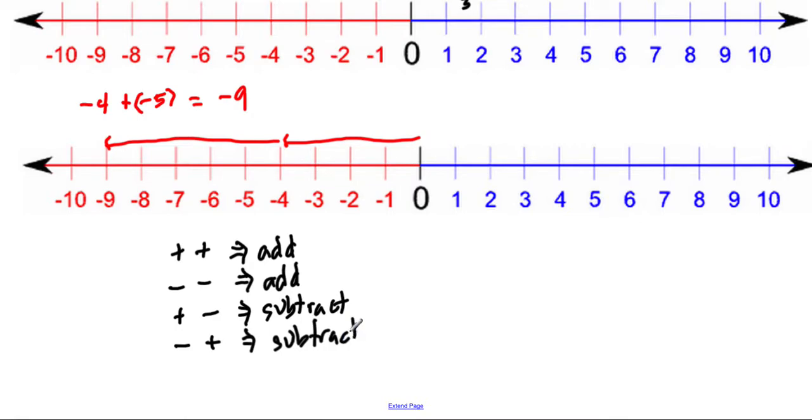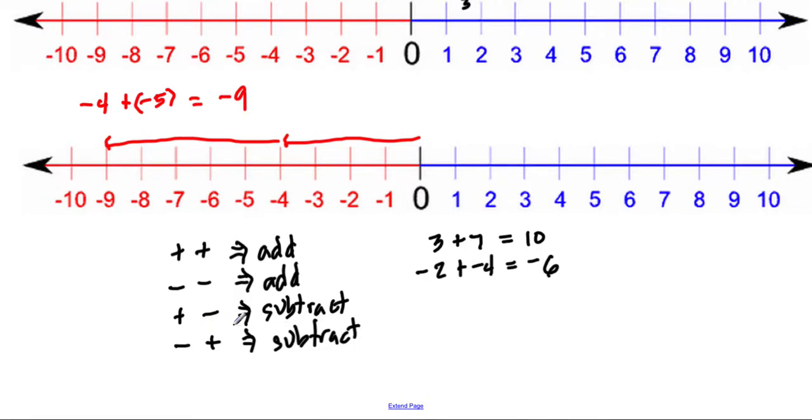Okay, so a few examples. Let's say if I have 3 plus 7, using the number line, we know that 3 plus 7 is 10. And if you have negative 2 plus negative 4, you're adding the two integers, and this becomes negative 6.